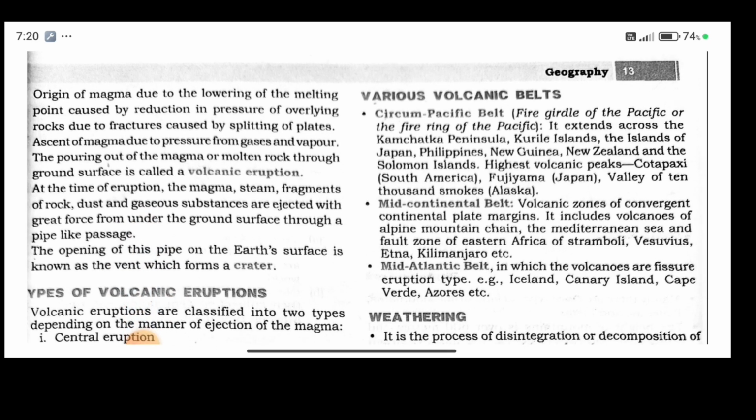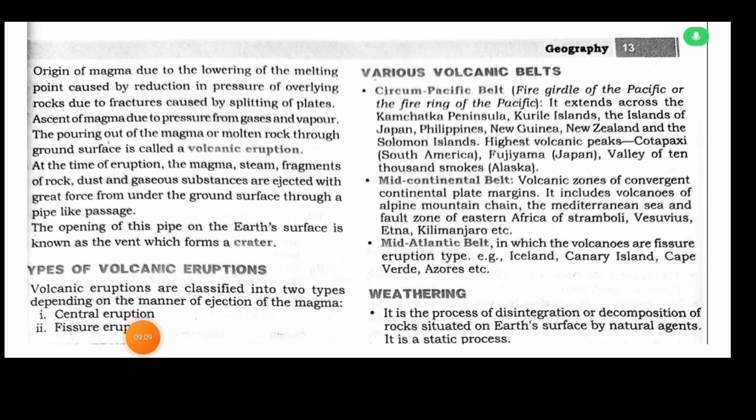Various volcanic belts. Circum-Pacific Belt. It extends across the Kamchatka Peninsula, Kuril Islands, the islands of Japan, Philippines, New Guinea, New Zealand, and the Solomon Islands. Highest volcanic peaks: Cotopaxi, South America; Fujiyama, Japan; Valley of Ten Thousand Smokes, Alaska. Mid-continental belt.